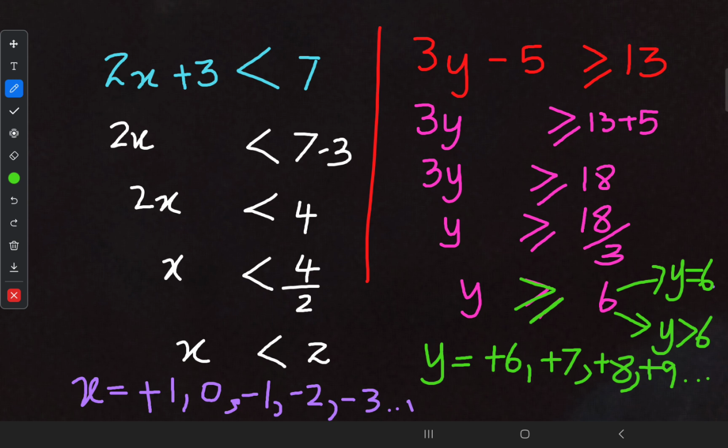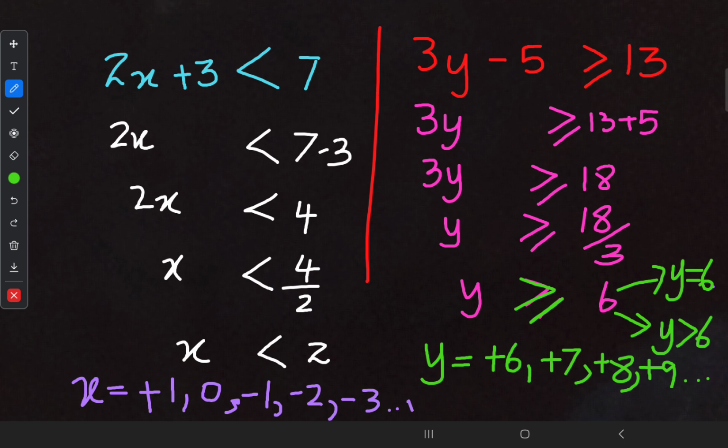This is the way you have to solve the inequality to find the possible x or y outcome. Here there is not only one solution for x or y. We can have a range of answers for the particular variable.